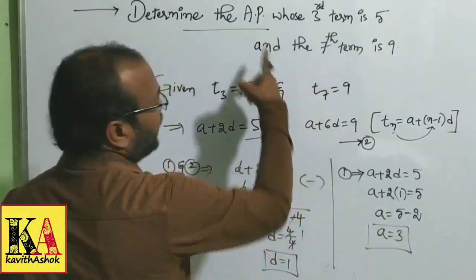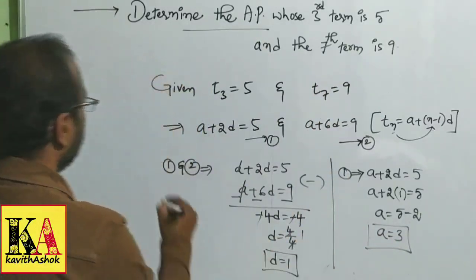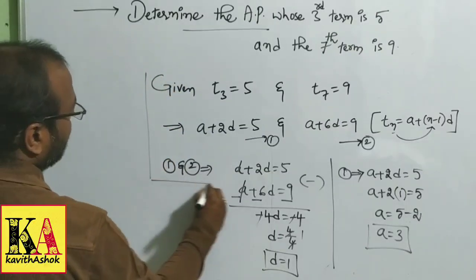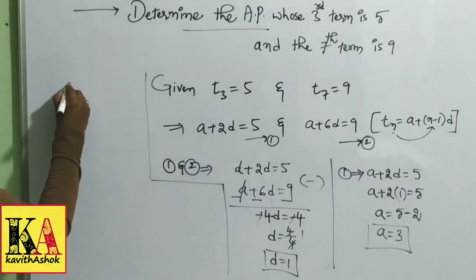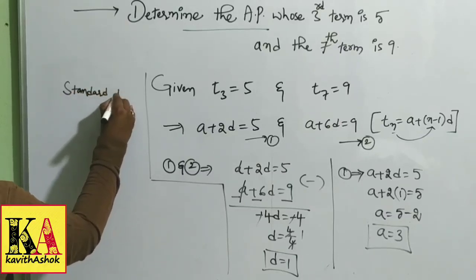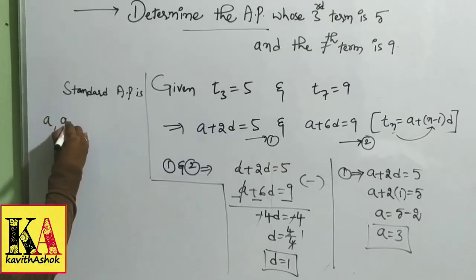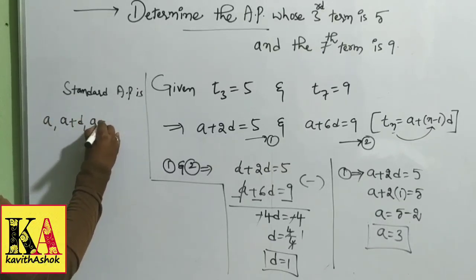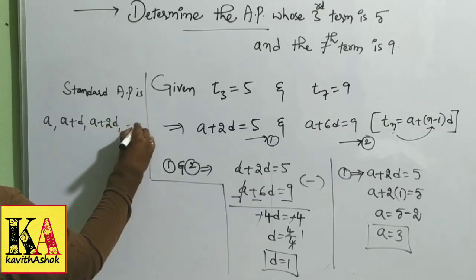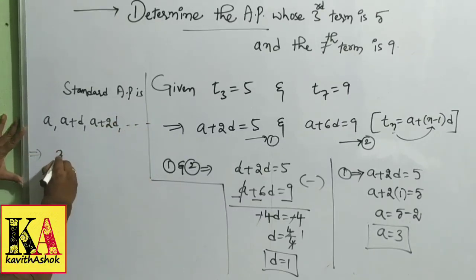So to get the arithmetic progression, we want two parameters, A as well as D. So both are there. Now, what is the standard arithmetic progression? A, A plus D, A plus 2D, so on. So already we have everything. A is 3.